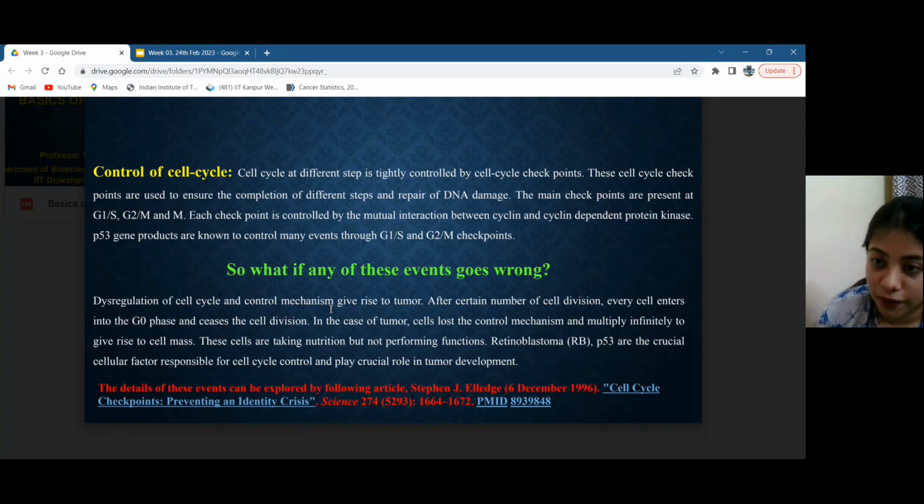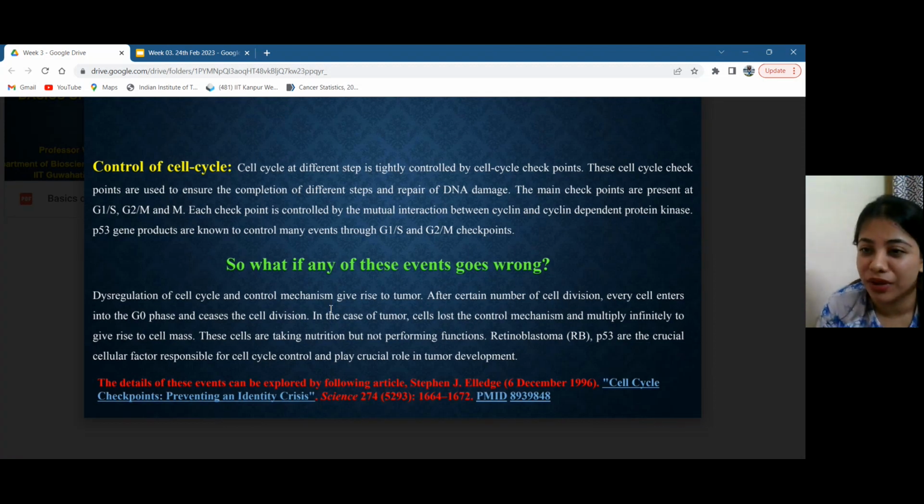And if under any circumstances these are not carried out with fidelity, or if something goes wrong, then such cells give rise to cancer. They are cancerous cells if they are not obeying these normal rules of cell division, and therefore they will indefinitely proliferate and give rise to tumors, and that's obviously not something that's desirable.